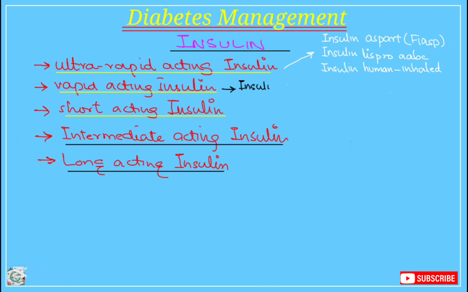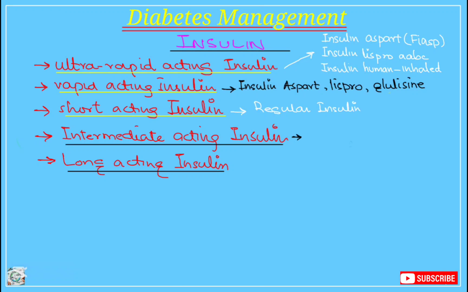These are also fast but not as quick as the ultra short acting ones. They have insulin aspart, insulin lispro, and insulin glulicine. And lastly, in the bolus category, the short acting insulin. This is your traditional regular insulin which takes a bit longer to kick in but still acts fast enough to be used for mealtime coverage.